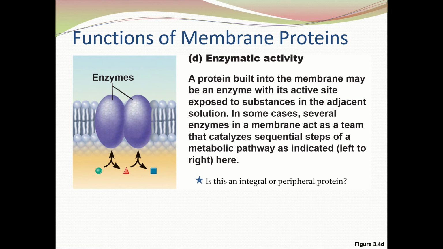It basically is going to take substances, reactants A and B, and make a product C, or it can take reactant C and then break it apart into A and B. That's how an enzyme will work. It will have an active site that these molecules can attach to, and the chemical reaction takes place there. So it's a reactor, essentially.